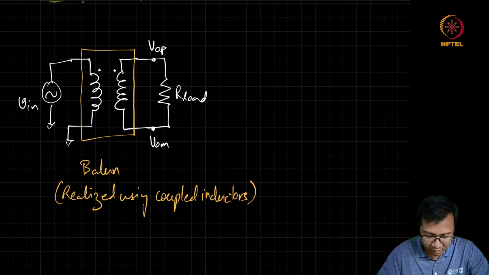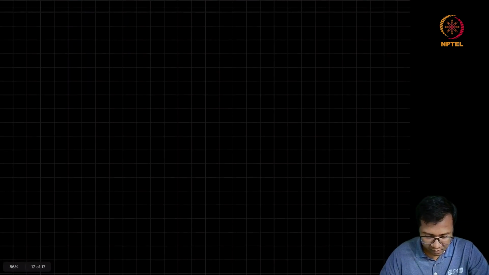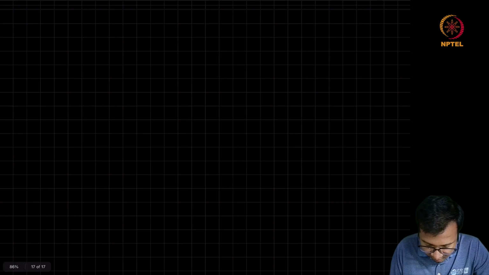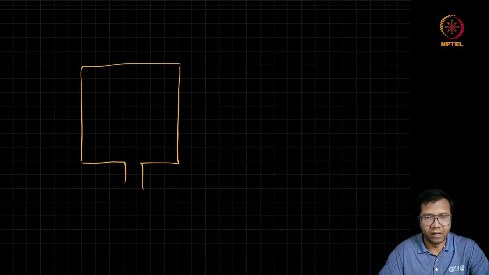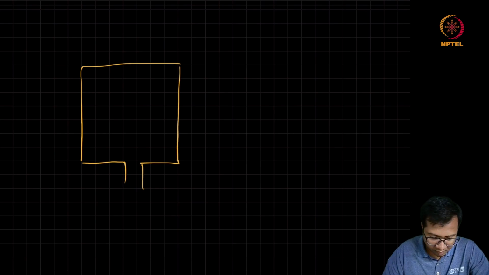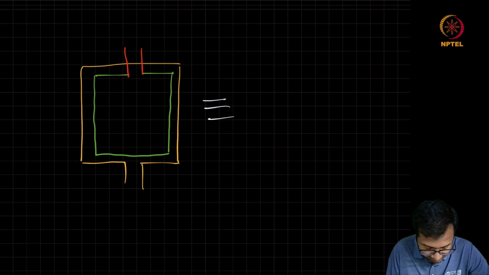Now let us see how we can realize this coupled inductor. So we are already aware about the planar inductor. If we want to add another coil which is coupled to this coil, we can do it on this same plane like this, and then take an underpass.